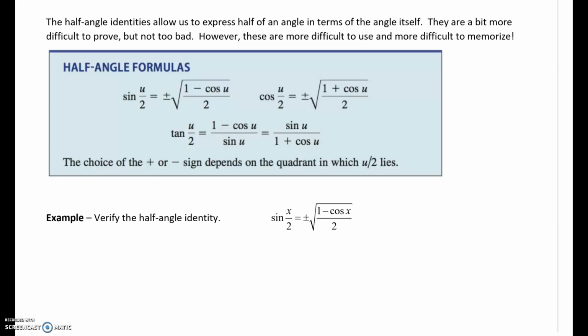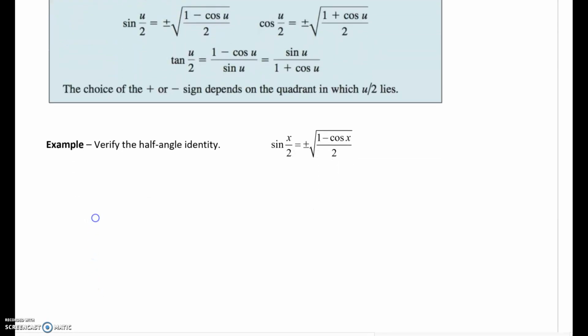But to verify the half angle identity, we're going to start with the cosine, the double angle cosine identity. So cosine of 2 theta equals 1 minus sine squared theta. So we're going to use that.